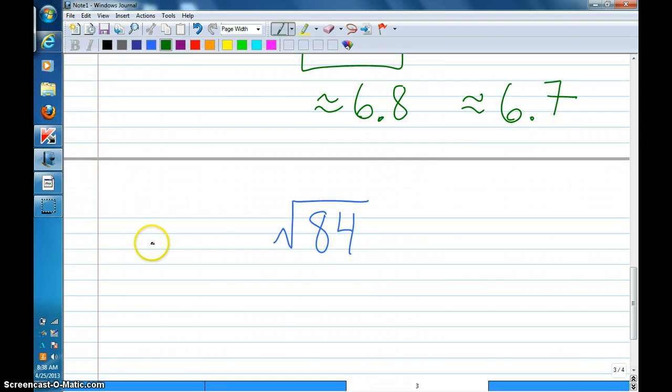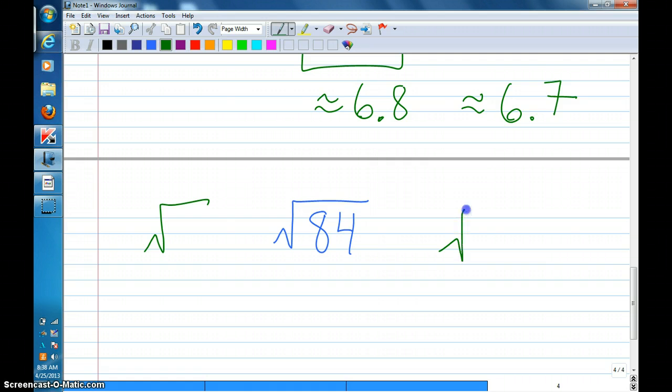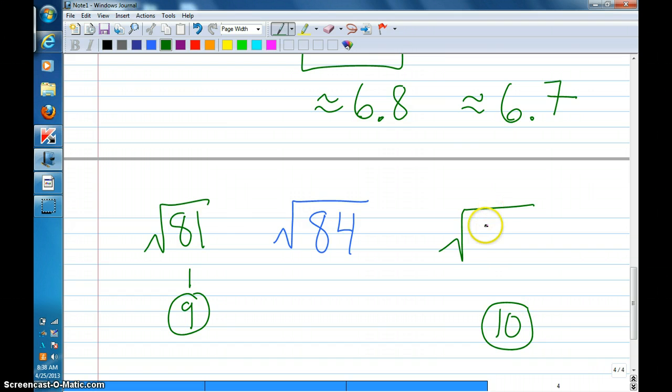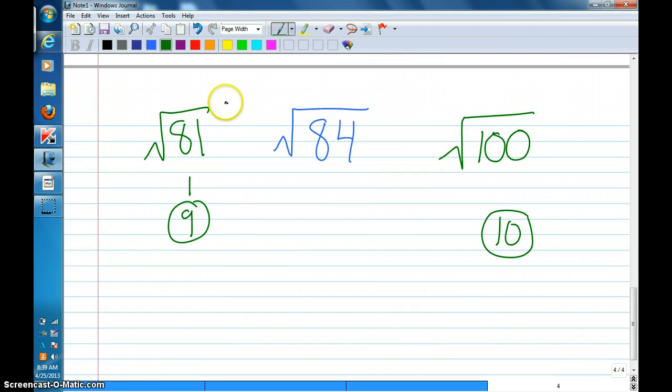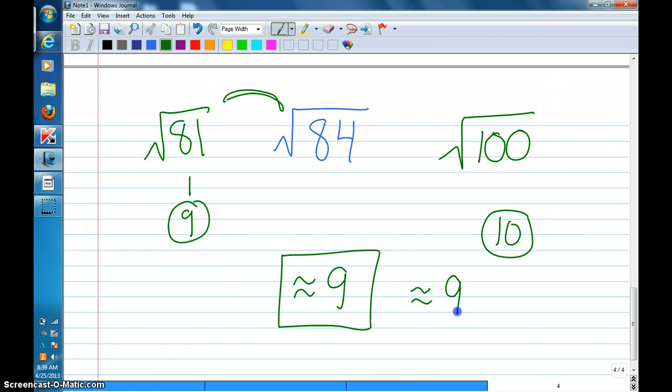Okay, so think about what the perfect squares are on either side of the number. 81, and I know this has to be 10, so 10 times 10, so I know it's 81 and 100. Now I can go ahead and estimate, see which one it's closer to. It's a lot closer to this one, so I can say it's about 9. But again, if you want to round it to a decimal, I would take about 9.1 or about 9.2 for this.